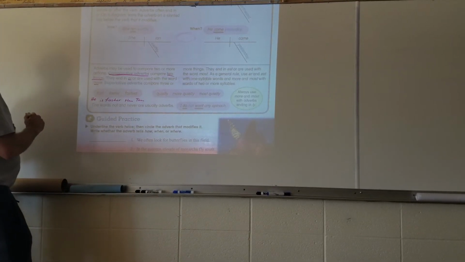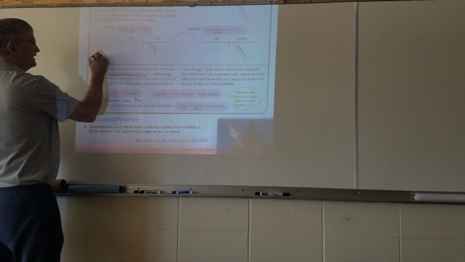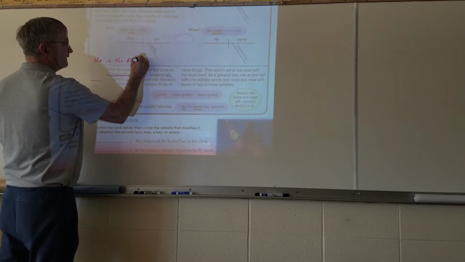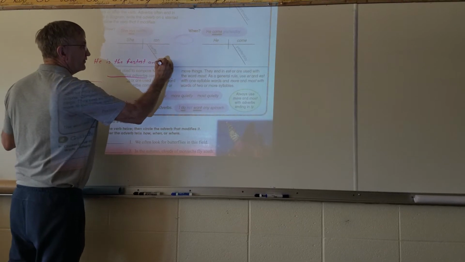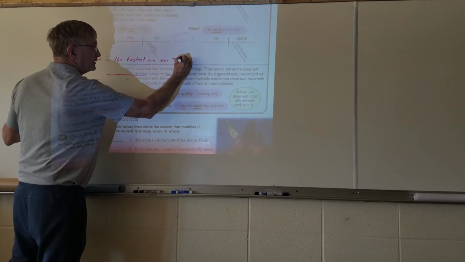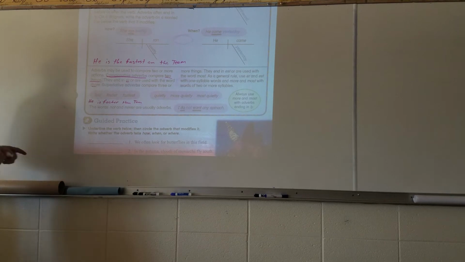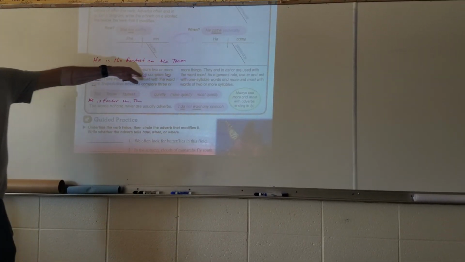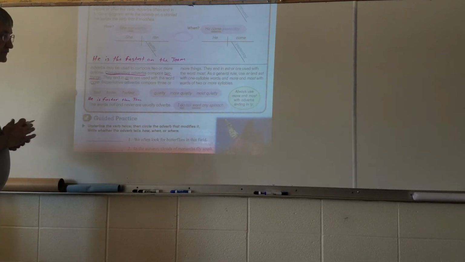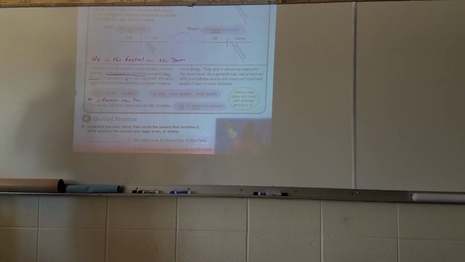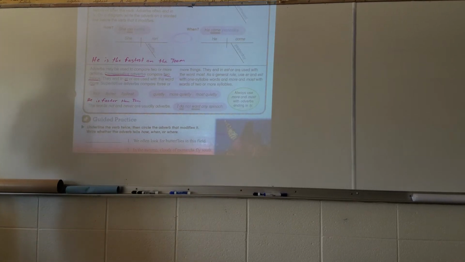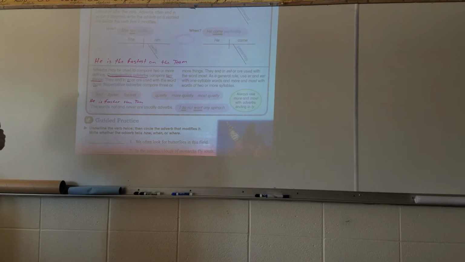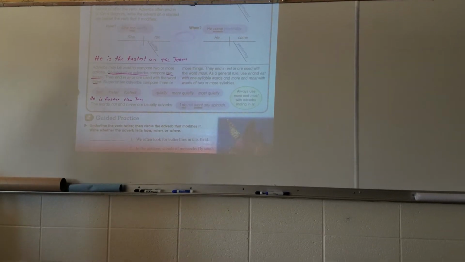He is the fastest on the team. So again, the superlative means I'm comparing to a group of 2 or more. Okay, as a general rule, er and est with 1 syllable words, more and most with words of 2 or more syllables.